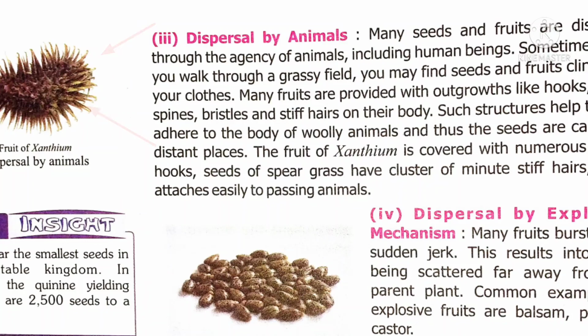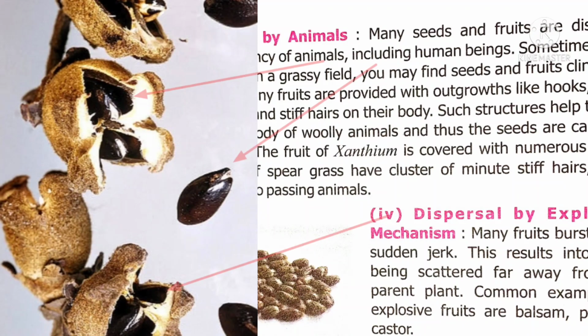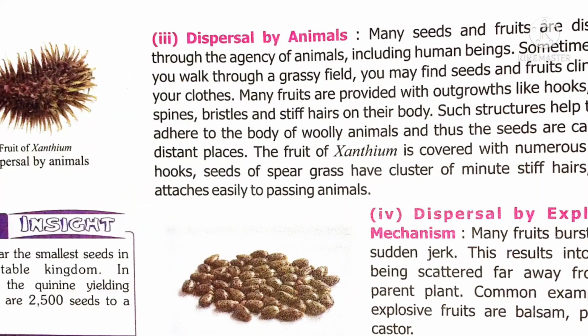This is the way some seeds are dispersed by animals. An example is Xanthium. Some seeds are dispersed by an explosive mechanism like balsam and pea plants. When pea fruits ripen and mature, they burst by themselves and spread seeds to faraway places, and thus baby plants develop from that area.